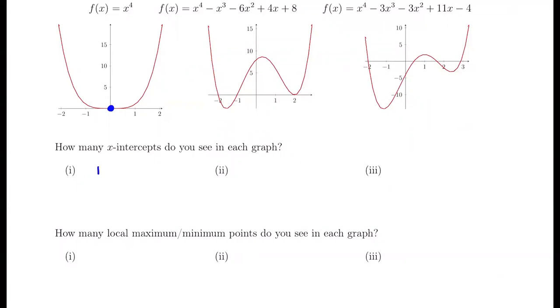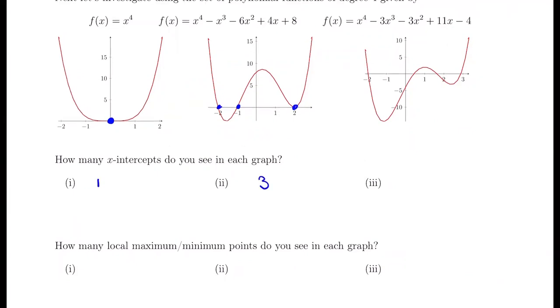Then for the second graph, we would see that there's 1, 2, and then 3 x-intercepts here. So we would say there are 3 x-intercepts. And then for the third one, we would see that there's 1, 2, 3, 4 x-intercepts. So we would say that there's 4. Okay, so same thing as before.